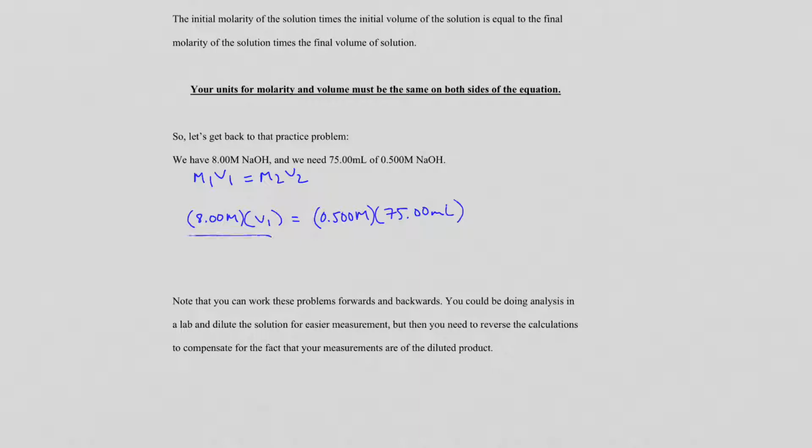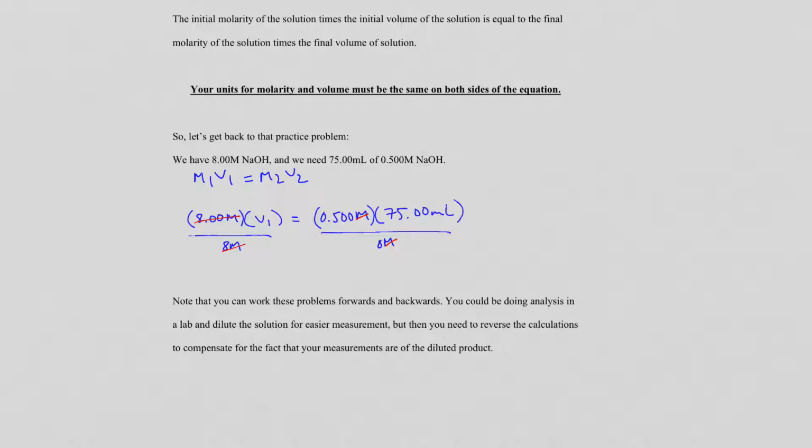So we're going to divide both sides by 8. These cancel out, so we're left with volume in units of milliliters. And if you crunch the numbers on this, it's literally just multiply and then divide: 0.5 times 75 divided by 8.